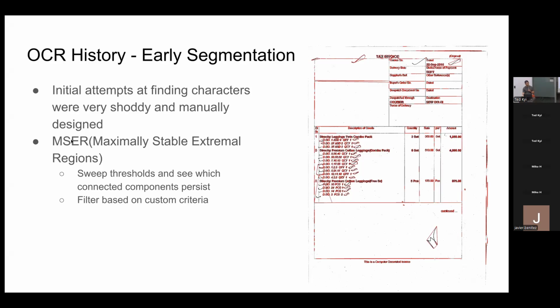And so one of the early tricks was this maximally stable extremal regions. What this is doing is basically sweeping through thresholds and seeing which regions stay kind of stable and constant. And so on the right here, this is actually a black and white document, and the red is what it's finding as consistent regions.